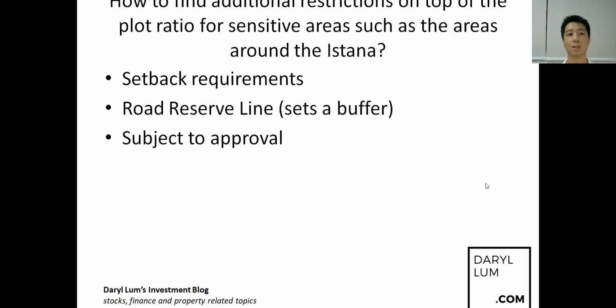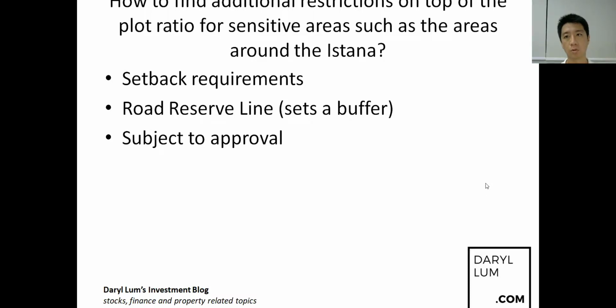If it is a very heavy road or an expressway, then definitely URA will set a buffer and tell the developer to start building further behind. So a road reserve line also acts as a buffer, and of course anything the developer wants to build is always subject to approval.